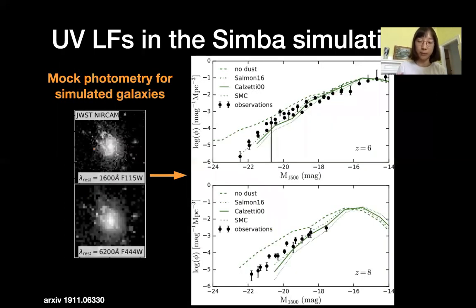So here's basically what we did. We mocked photometry for the simulated galaxies as shown on the left here. And then we produced the UV luminosity functions for the simulations shown on the right here at redshift 6 and 8 in the top and bottom panels respectively.